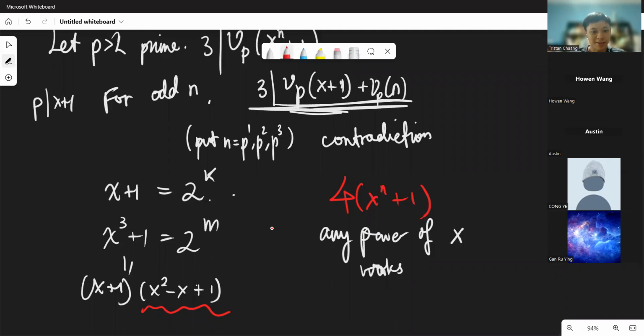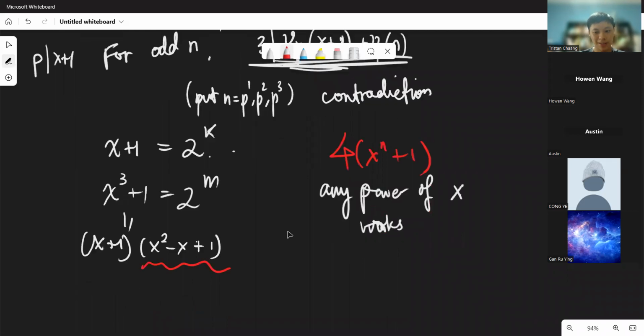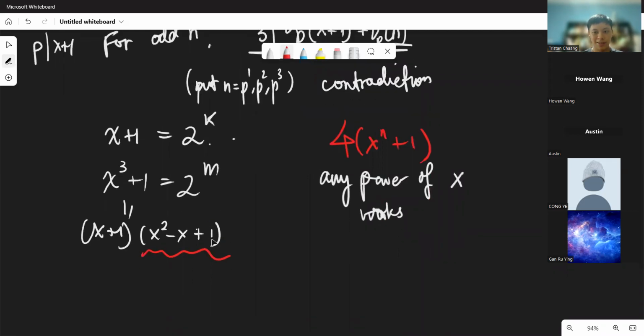Is that possible? Is this possible to be a power of 2? In fact, is this number even possible to be an even number at all?